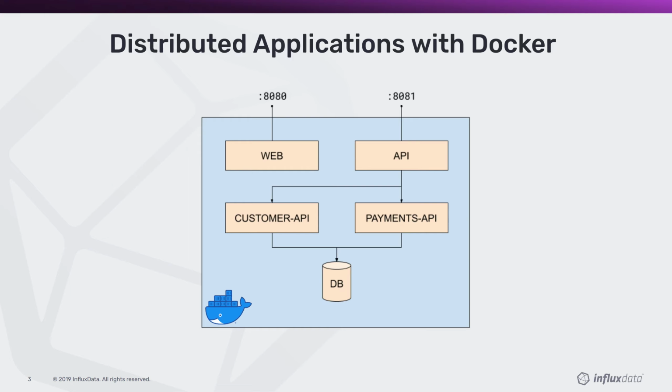But let's imagine we have a situation where, let's say, the payments API is slow. We find that it does some extraordinary amount of mathematical calculations. I can't imagine why, but let's imagine.